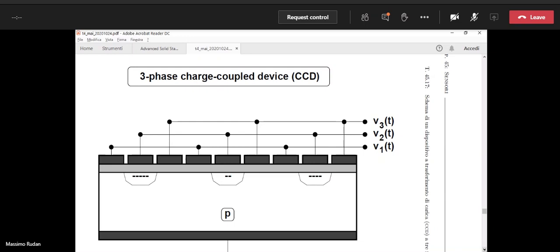Another issue is that the gates are separated from each other and are independently controlled by applied voltages, but the gates are very close to each other. So the distance between one gate and the next is kept as small as possible.